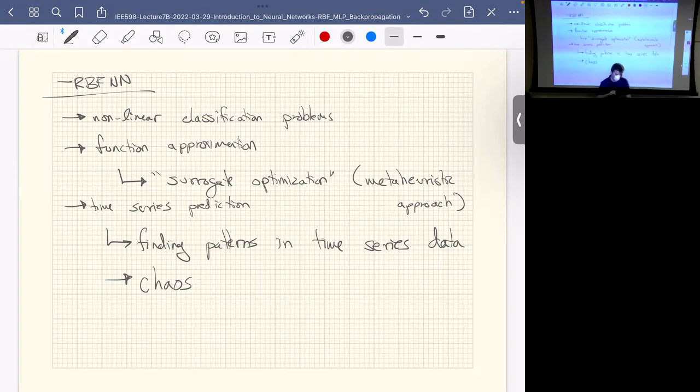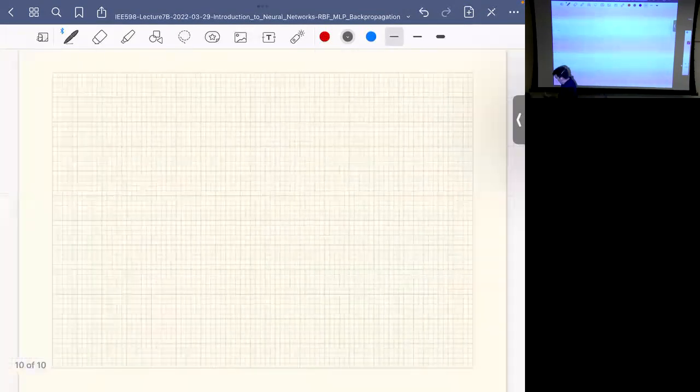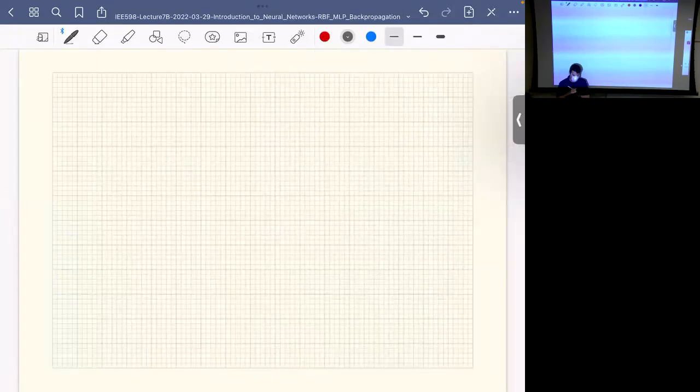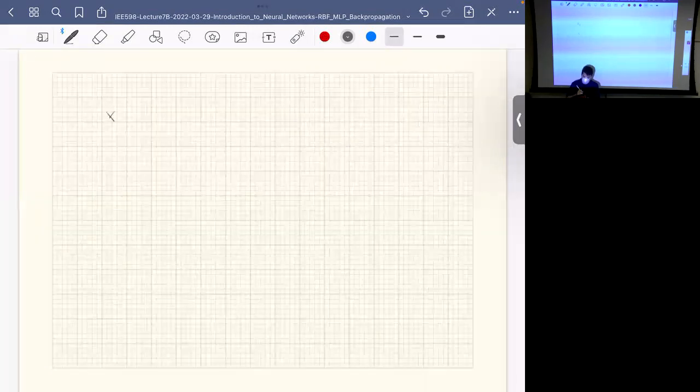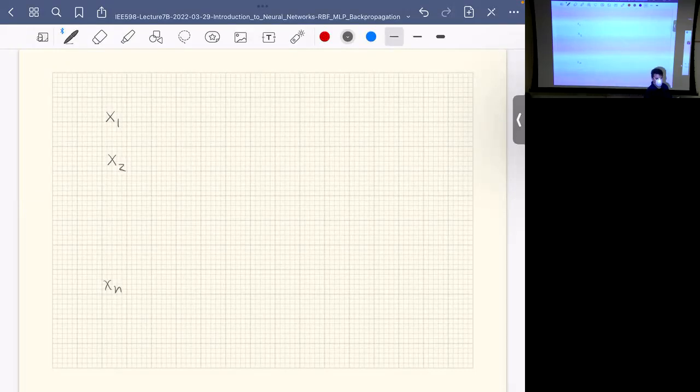All right, so in the last minute here, I just want to open up where we're going to go next. I just wanted to point out that when I originally drew the radial basis function, I said it looked a little bit like a single layer perceptron, but I was calling it a neural network.